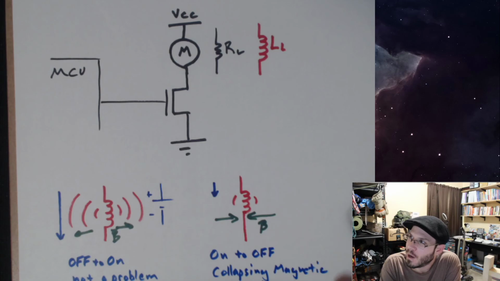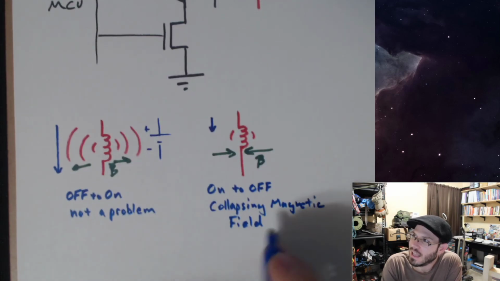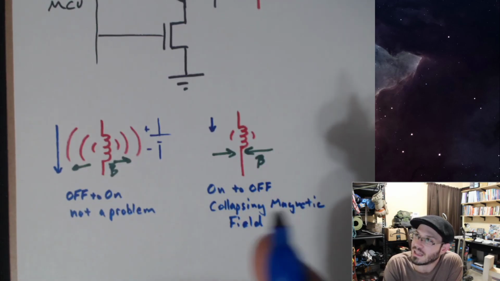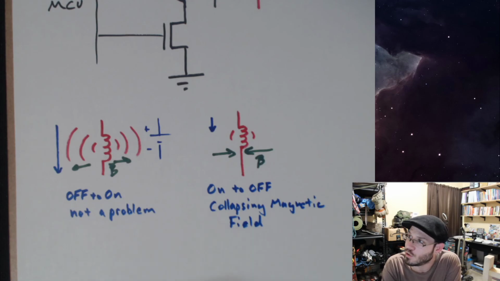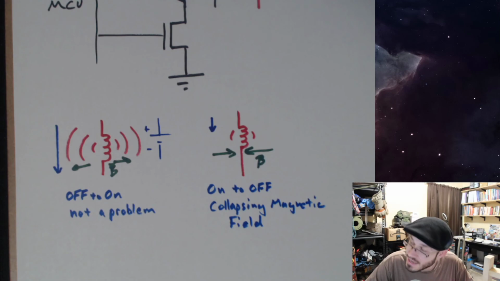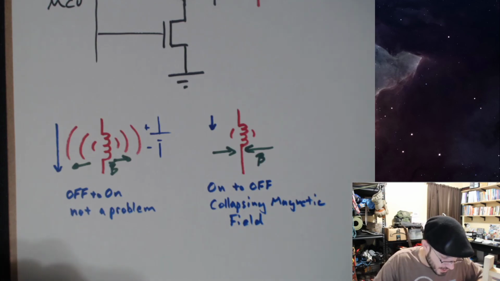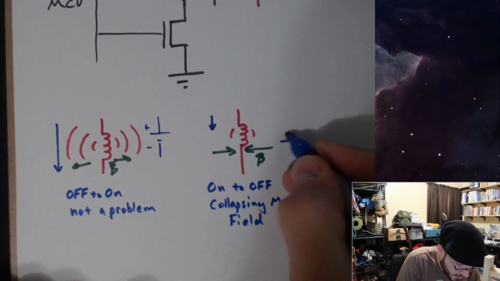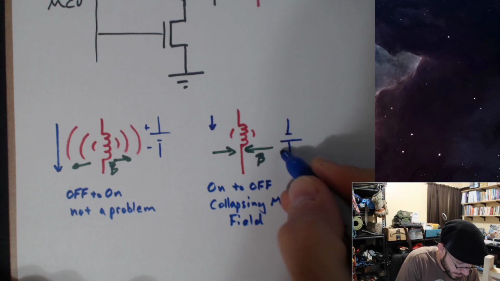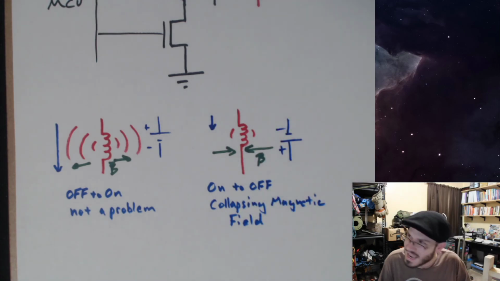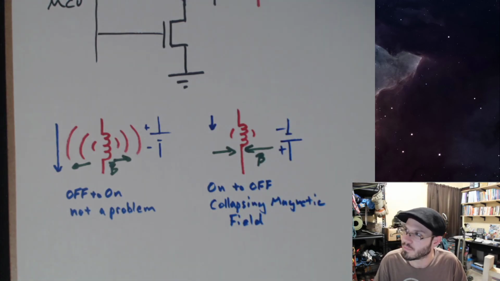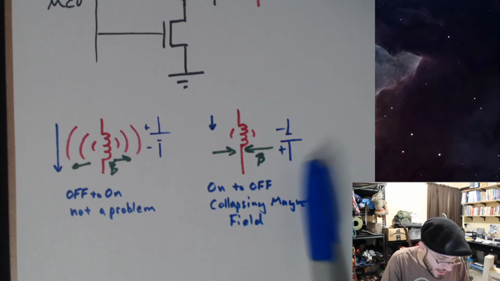And so this motor gets a collapsing magnetic field. That collapsing magnetic field induces a voltage opposite of the change that initially created it. So we end up with an induced voltage in this direction.